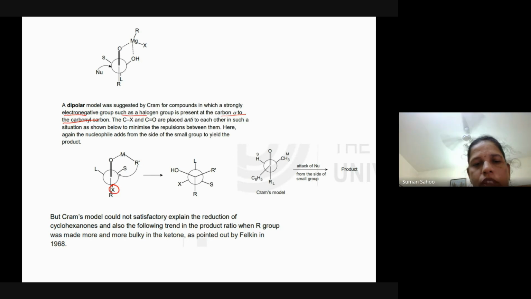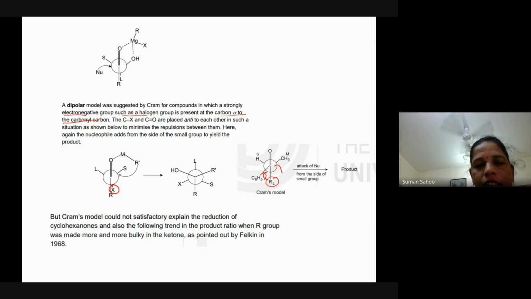So this was Cram's rule, but Cram's rule could not explain the reduction of cyclohexanones when we have a very large group. Here the medium size interaction will have more steric hindrance. In this case you will have more steric hindrance.